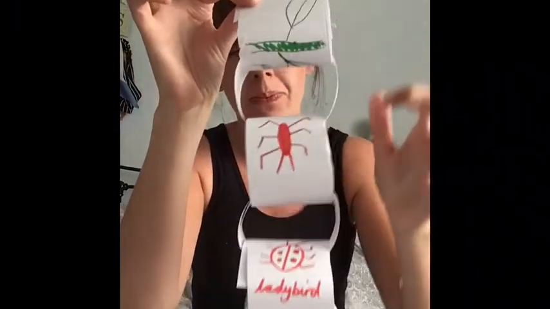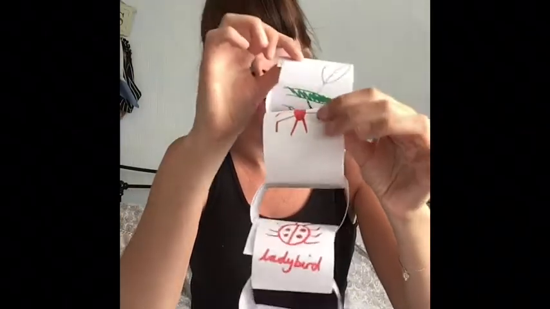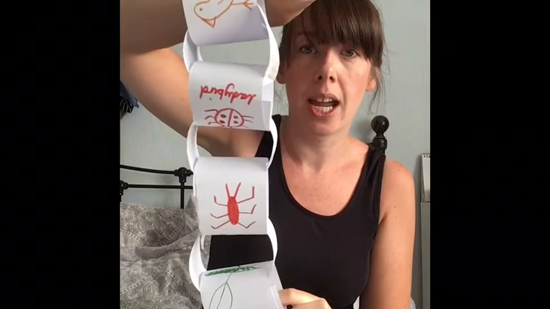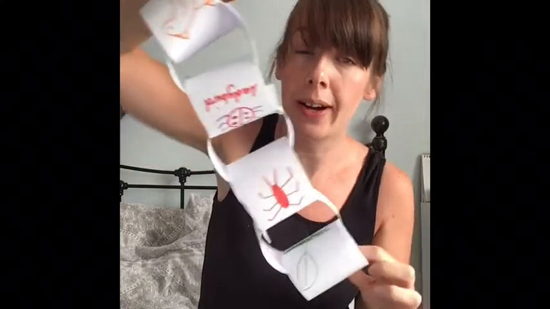So there's my plant, and that's eaten by an aphid type of bug, which is then eaten by the ladybird, which is then eaten by the bird. I'm sure my chain can be longer than that, but that's a 4-chain paper chain. Maybe you can make a really, really long one at home.